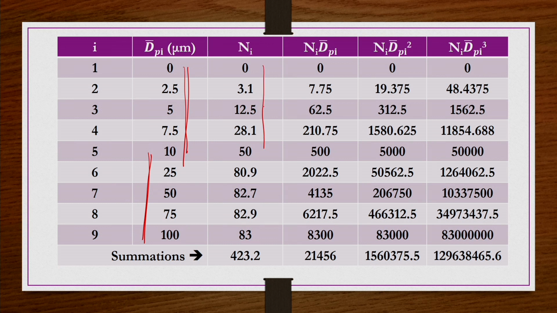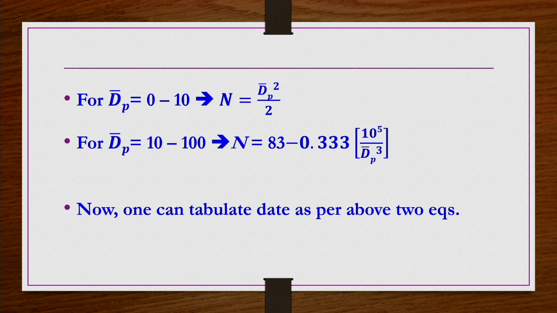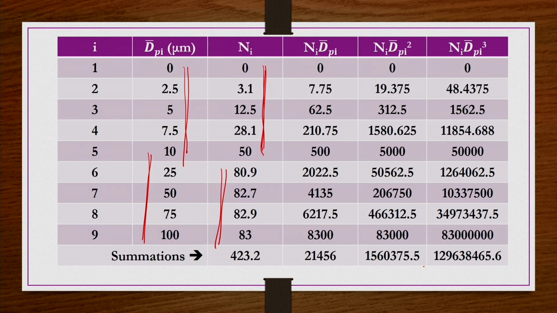For this range, you apply n is equal to dp bar square by 2 to get this number, and beyond 10 you use the other equation for n, which is valid from 10 to 100 microns, that is this equation. Then you get the remaining n numbers here like this.